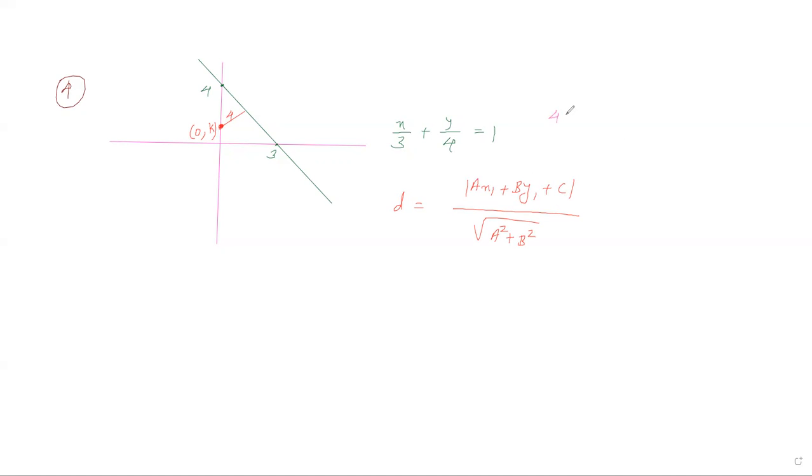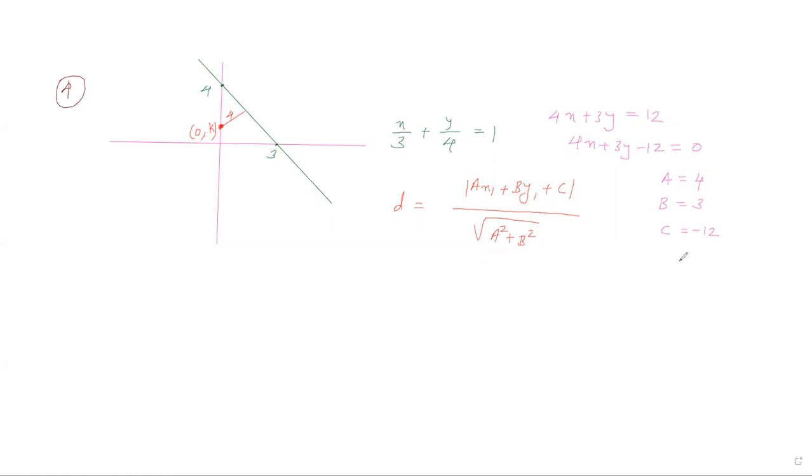This is (4x plus 3y) the whole divided by 12 is equal to 1. Cross multiplying, 4x plus 3y is equal to 12, or 4x plus 3y minus 12 is equal to 0. So from there you know that a is equal to 4, b is equal to 3, c is equal to minus 12.